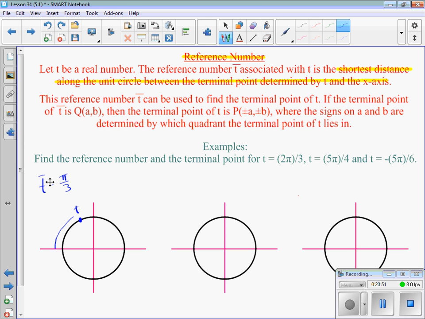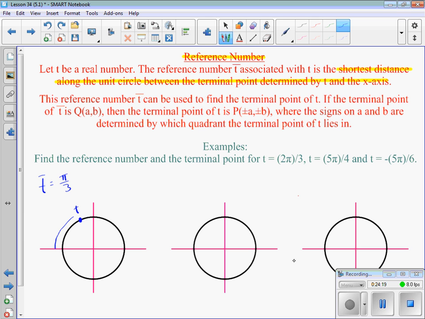And I'll show you how I got there if you're confused. Isn't this 2 pi over 3 to get from here to here? Wouldn't I need pi over 3 more to get down to here? If I added those together, wouldn't I end up at pi? If I had 2 pi over 3 plus pi over 3, that would give me pi total, which would get me to here. So you're trying to get to the x-axis, so it's this distance from here to the x-axis.